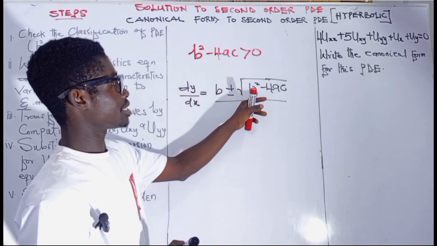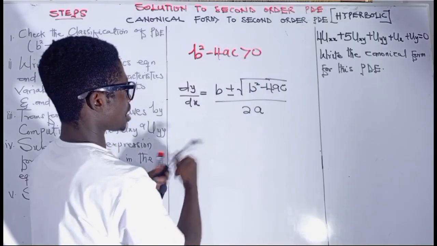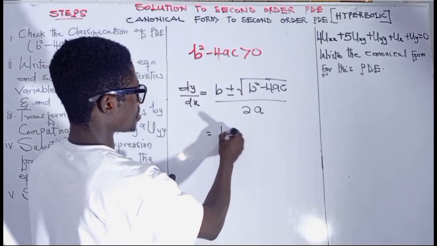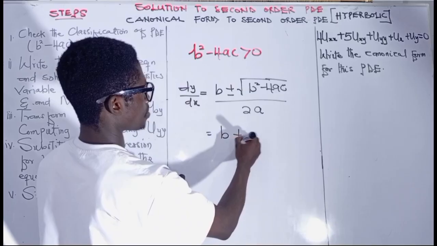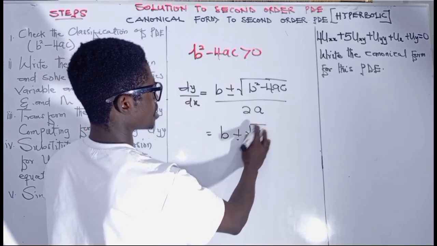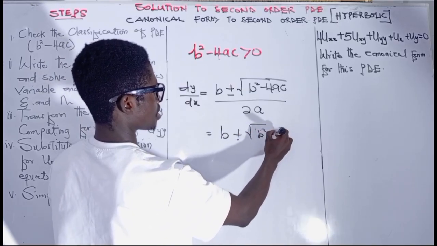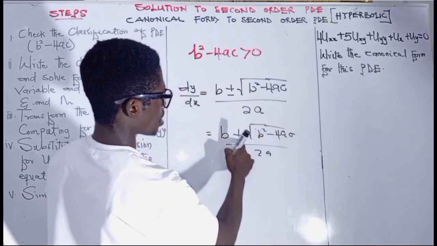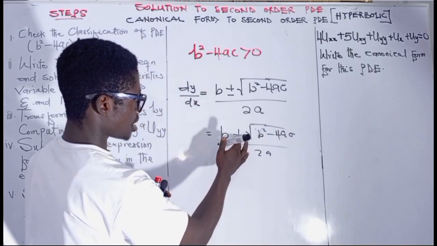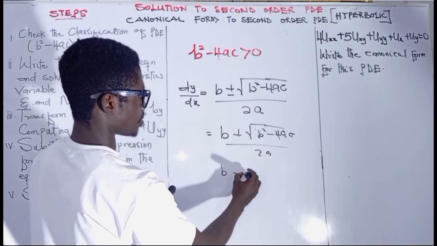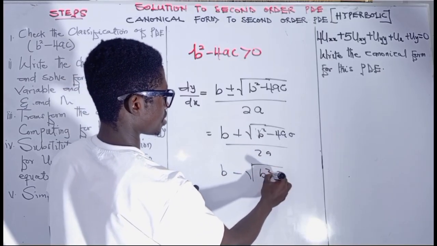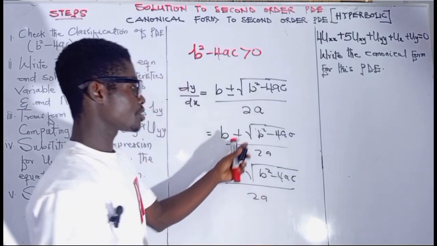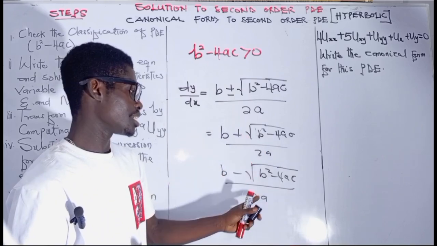So when the discriminant is greater than 0, we are going to split this into two, positive and negative. This is going to give us the first solution, and this is also going to give us the second.